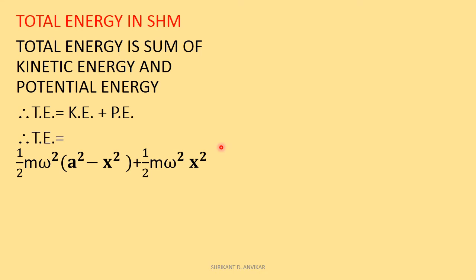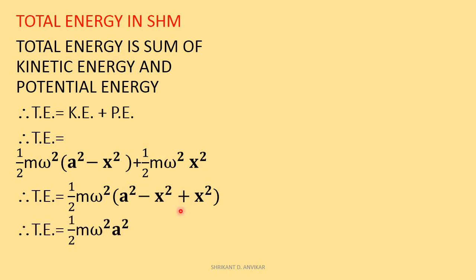Now in this equation we can observe 1 by 2 m omega square, these terms are constant. Therefore inside the bracket we get a square minus x square plus x square. Now minus x square plus x square is equal to 0. These two terms cancel each other, and therefore total energy of the particle is given by the formula 1 by 2 m omega square a square. This is the expression for the total energy.